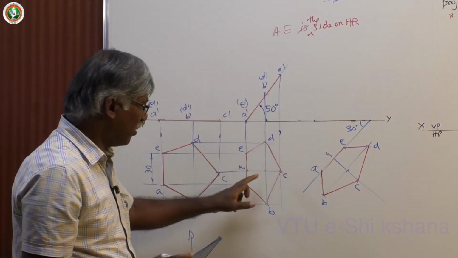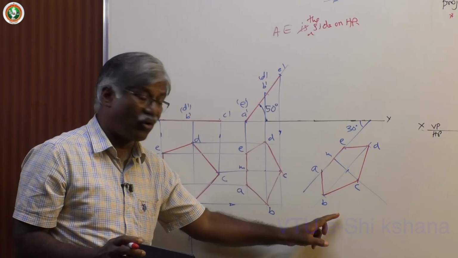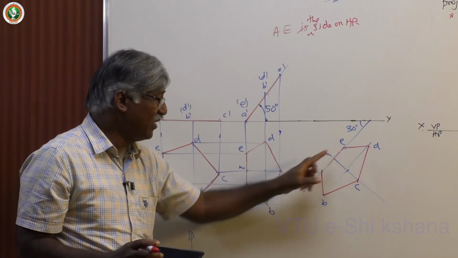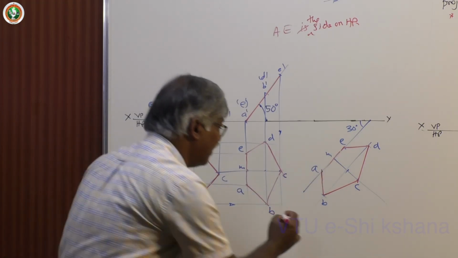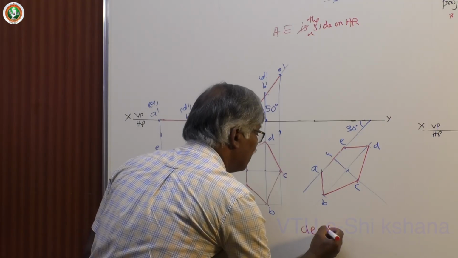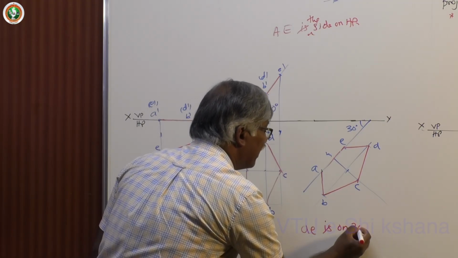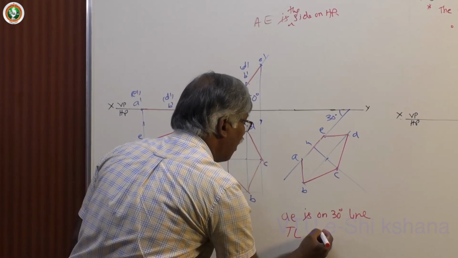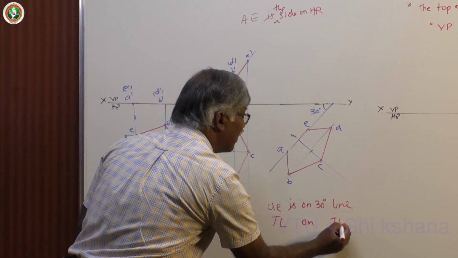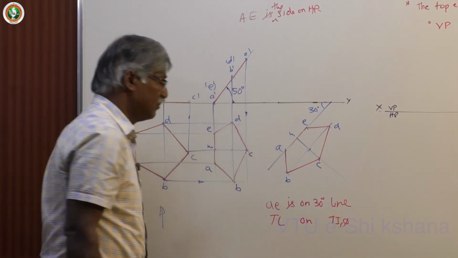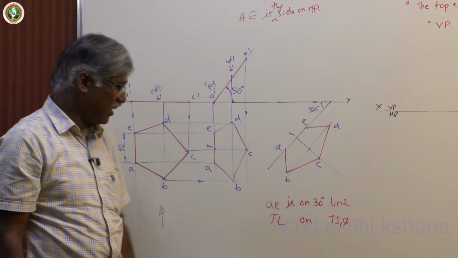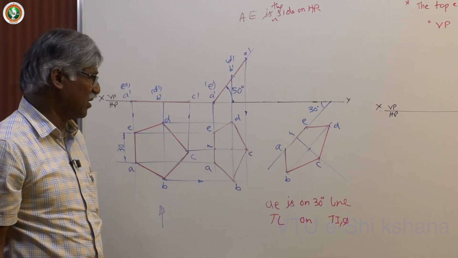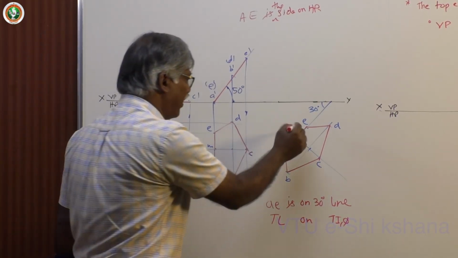Yes, I got second figure top view redrawn with AE on 30 degree line. AE is on 30 degree line. That means it is true length on true inclination. That is phi. True length on TL on TI. No question of beta because it is on HP.